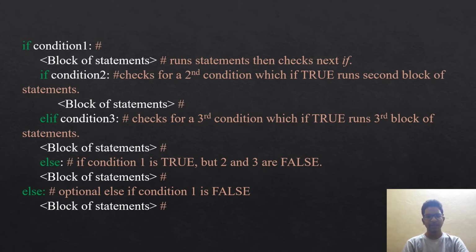Condition 2 checks for the second condition, which if true runs the second block of statements. Elif condition 3 checks for the third condition, which if true runs the third block of statements. Else, if condition 1 is true but 2 and 3 are false, this block of statements runs. Else, which is optional, runs if condition 1 is false.